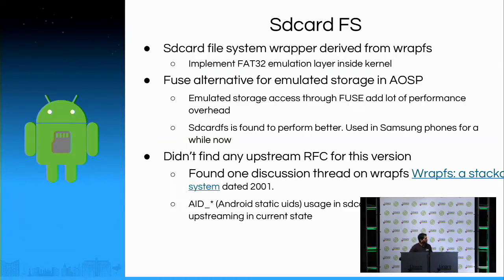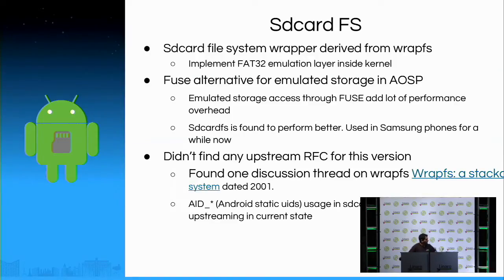There is no upstream submission for this particular version. This SDCardFS is derived from something called wrapfs. And there was just one discussion which I could find online. And that was like, okay, I want to use this, and if anyone is interested, and that's about it.